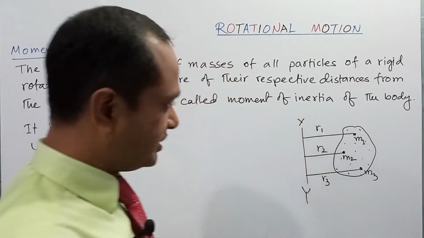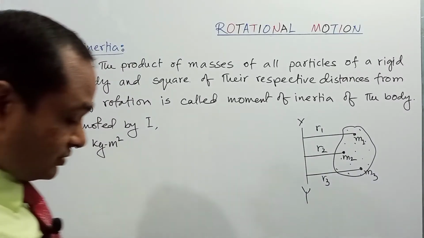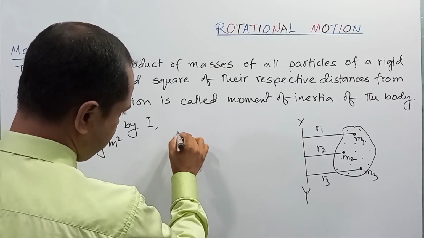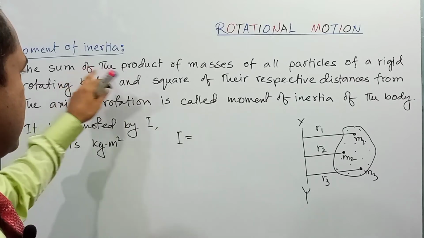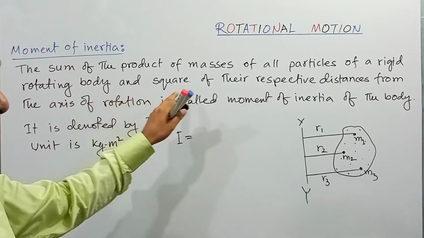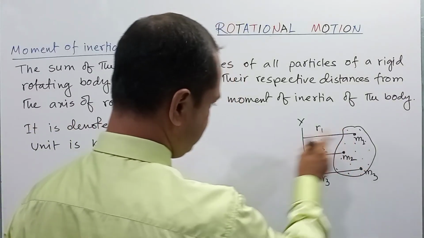So from the definition, moment of inertia can be expressed as I is equal to the sum of the product of the masses of the particles and the square of their respective distances.